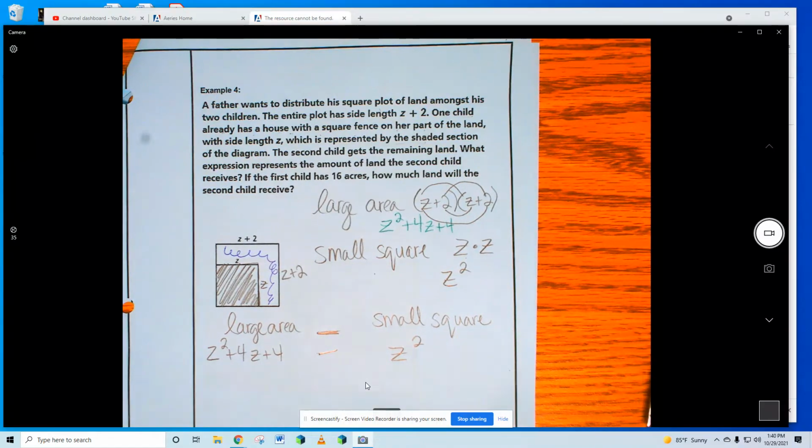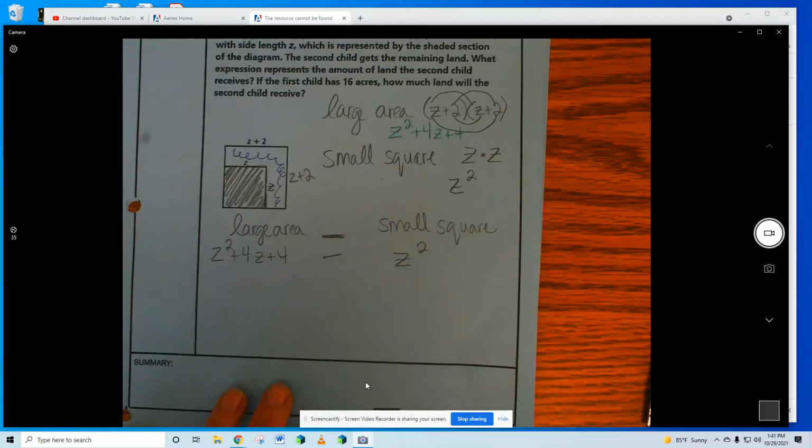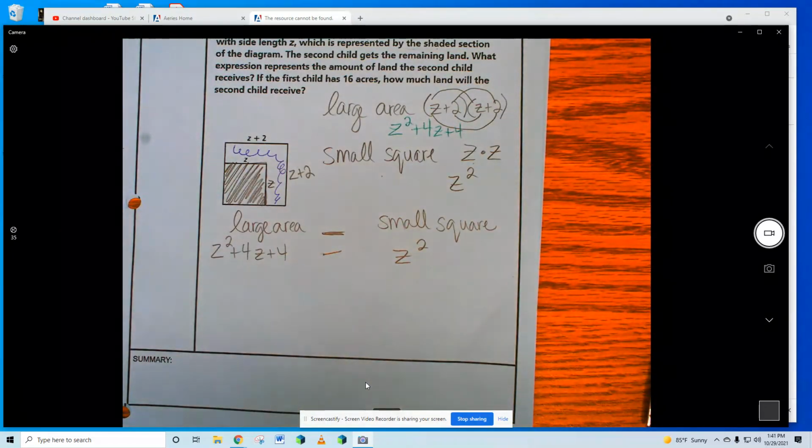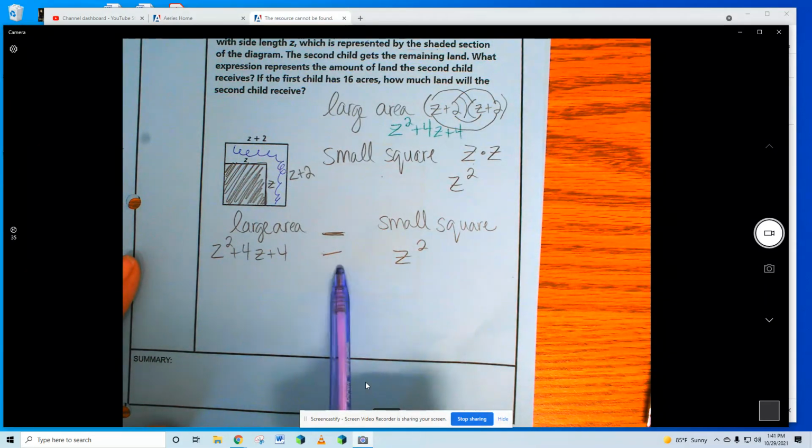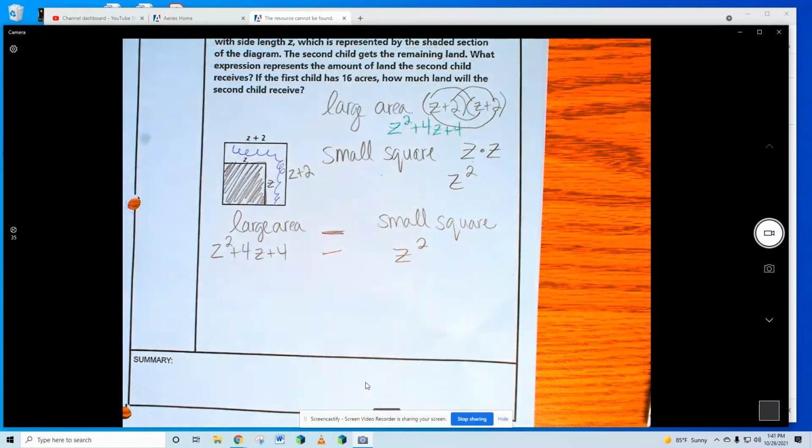Here's my like terms. This is my polynomial. So, Z squared plus 4Z plus 4 minus Z squared. What are the like terms that I can put together? What's the same that I could underline?